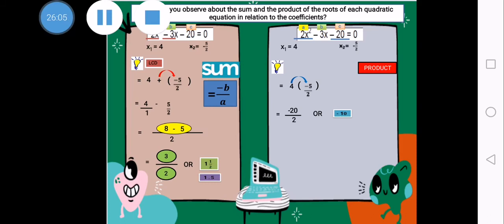Since ang product po ng quadratic equation kanina gamit ang long method is negative 20 over 2, so susundan lang po natin siya. Negative 20, yan po ay value ni c. And ang 2 is ang ating quadratic term. So, therefore, the equation na gagamitin natin sa pinaka-simplest way kapag kukuhanin ang product ay c over a.